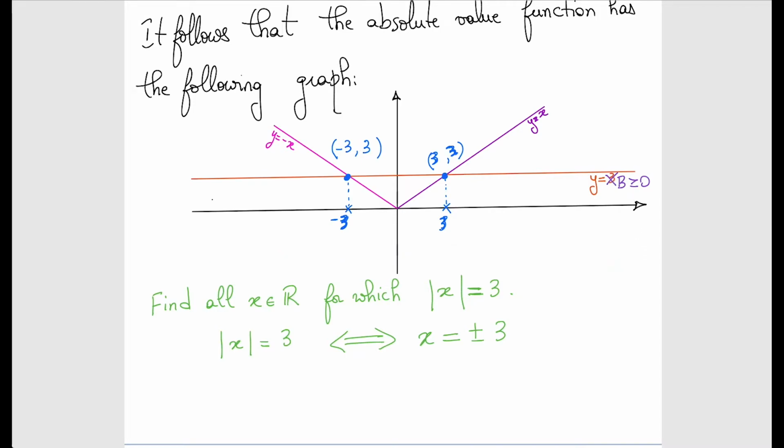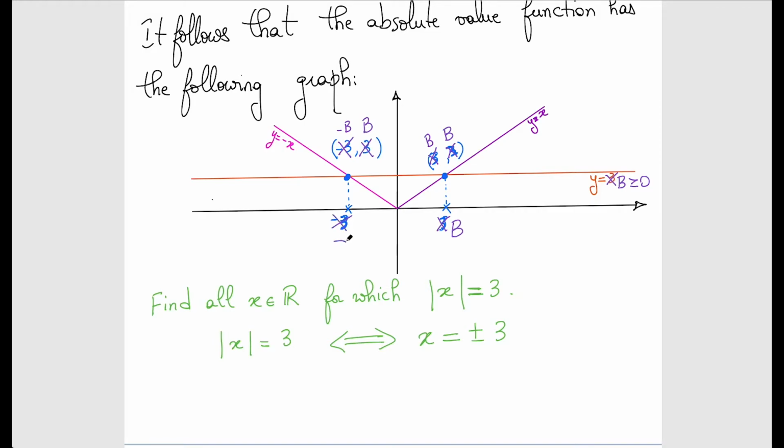So if this is the b, then what are these entities? Well, this is going to be b, and that's going to be b. This is going to be negative b. It's the same treatment, but now we have an abstract number b.